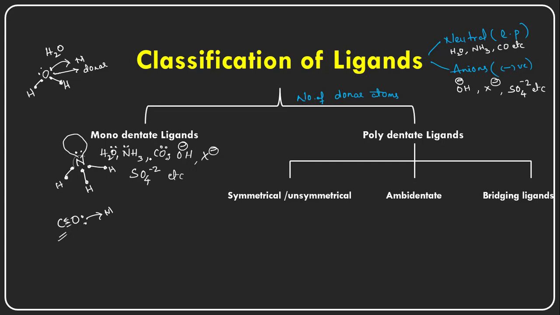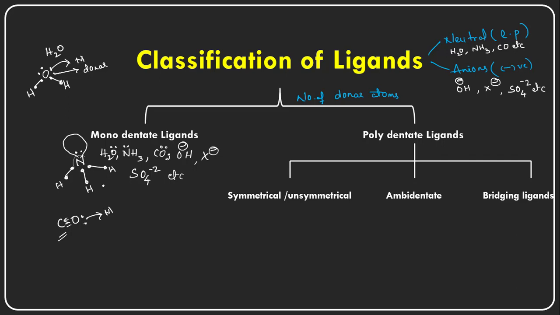Those are called monodentate ligands, and these monodentate ligands may have even more than one lone pair of electrons. See here, in oxygen two pairs of electrons are there, but it can form only one bond with the central metal ion. It can donate only one pair of electrons to the central metal cation.